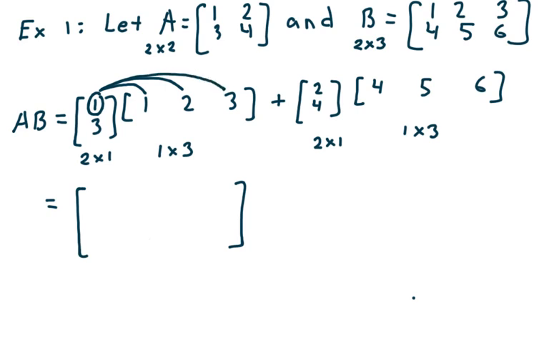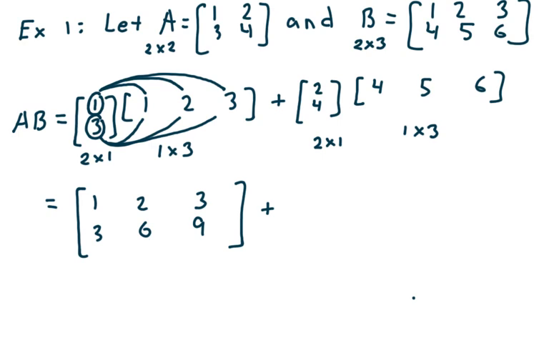And so when I do that, I get 1, 2, 3. Now, to get the second row, I'm going to take 3 times every single entry. And when I do that, I get 3, 6, 9. Then I go plus.